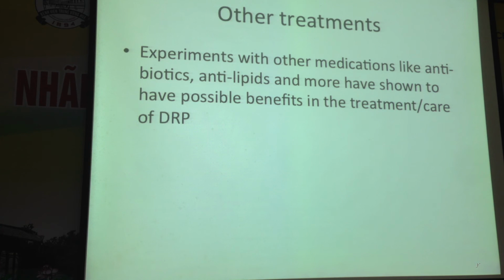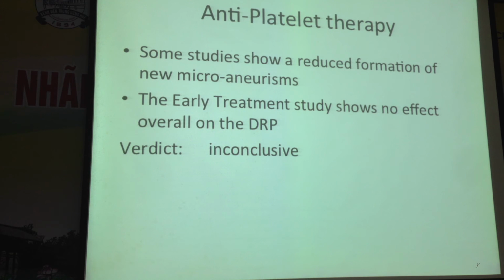Other treatments. In the last years, a lot of other treatments have surfaced with potential in improving the outcome of diabetic retinopathy. One of those was antiplatelet therapy. Some studies have shown that they reduce the formation of new microaneurysms.